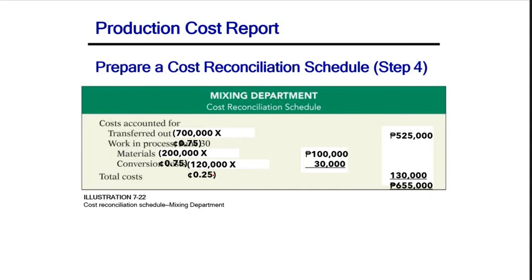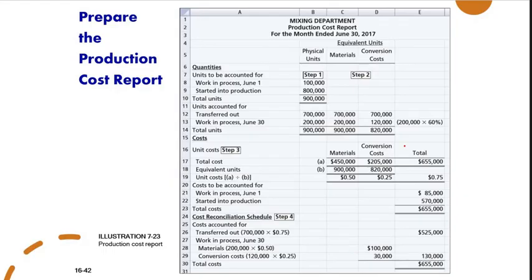Then material cost natin is 0.25. Bakit? Kasi ang conversion cost na nakuha natin is 0.25. So 700 times 0.75, 525. Then dito naman is 200 times 0.75, we have 100, and 120 times 0.25, we have 30, and that is 655. So, ito yung example guys ng, kasi ang hirap mag-compute.